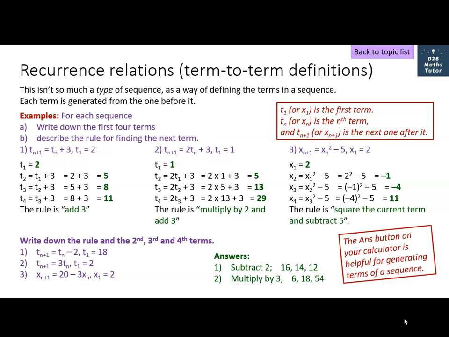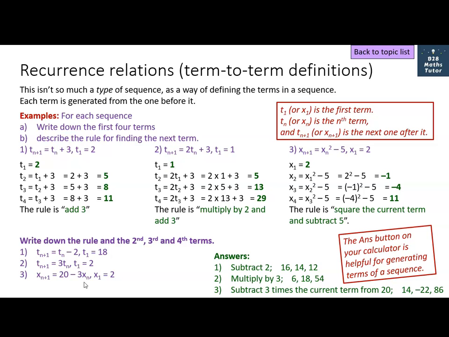And for the third one, the rule is 20 take away 3 times the current term, or subtract 3 times the current term from 20. So our first term is 2. Our second term is going to be 20 minus 3 times 2, so that's 20 minus 6, which gives us 14. The third term is going to be 20 minus 3 times 14.